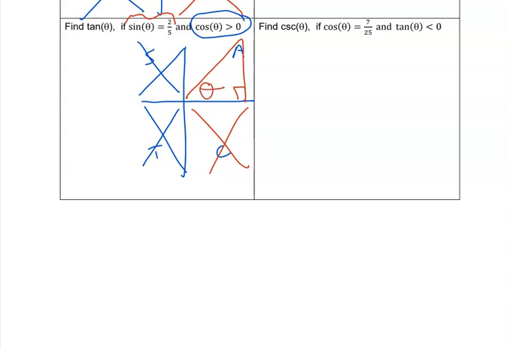And we're told sine is opposite over hypotenuse. Now this is not a triple, so I got to think about that. 2 squared plus the missing side squared equals 5 squared.